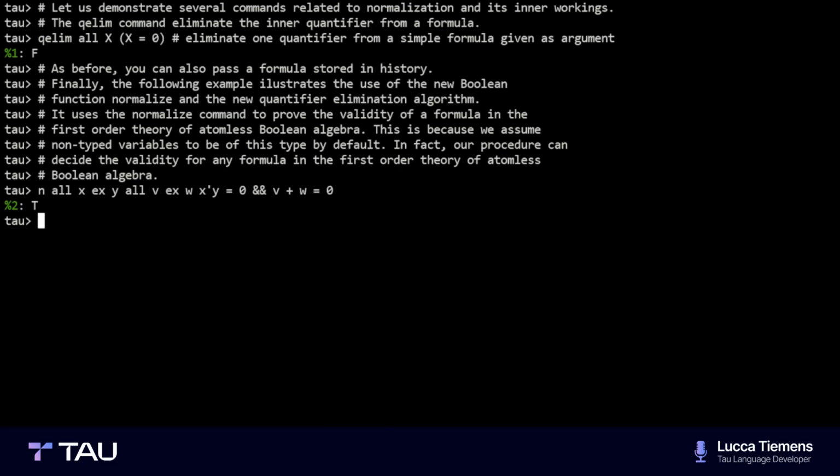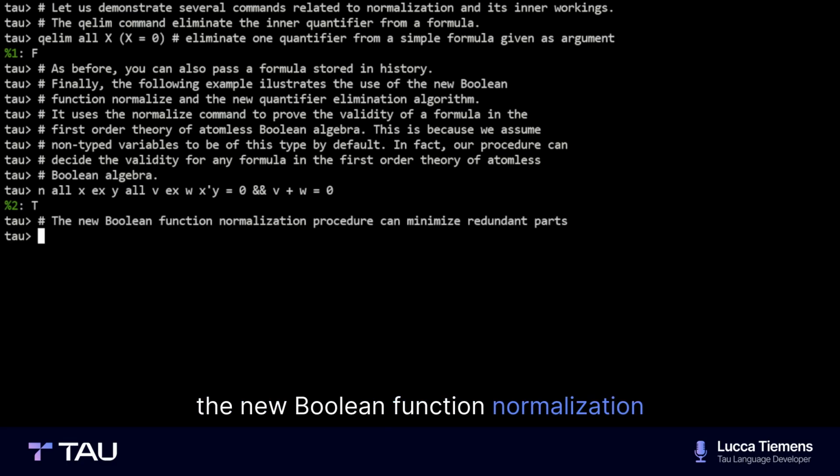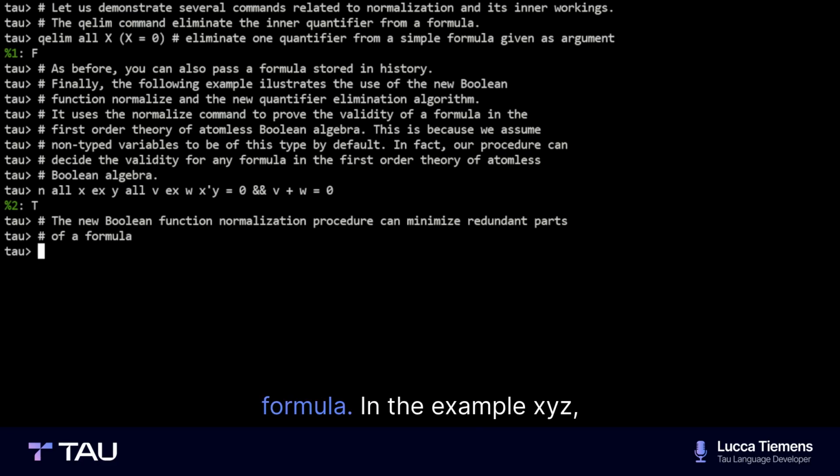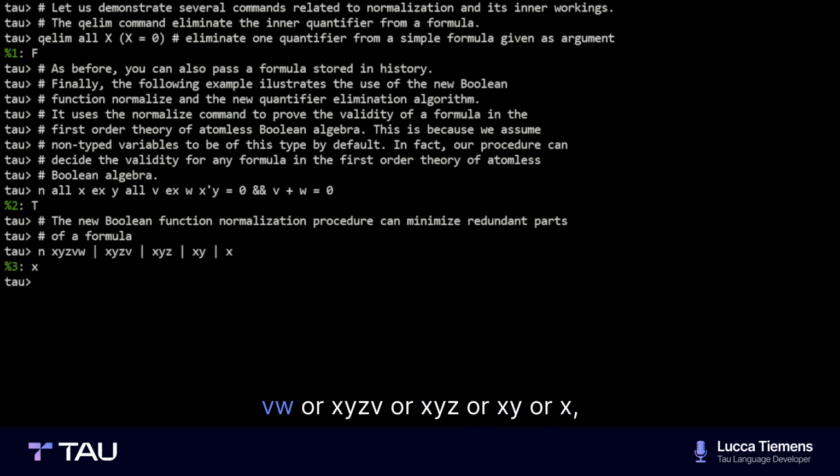The new Boolean function normalization procedure uses the Boole decomposition and can thus minimize redundant parts of a formula. In the example, xyz vw or xyzv or xyz or xy or x, we see that it reduces just to x.